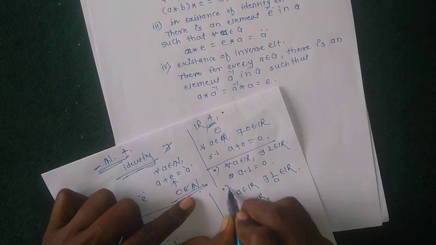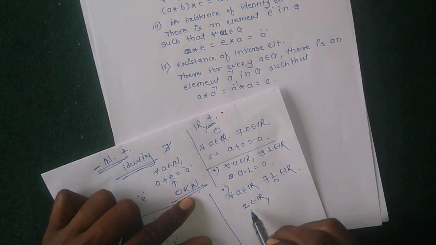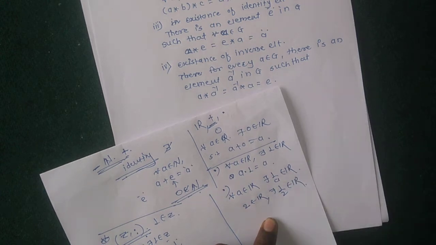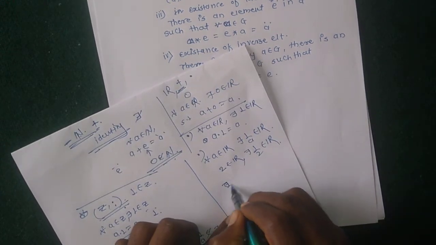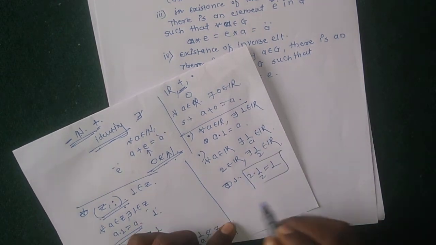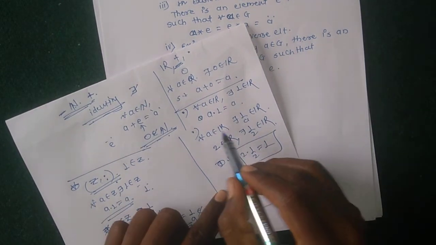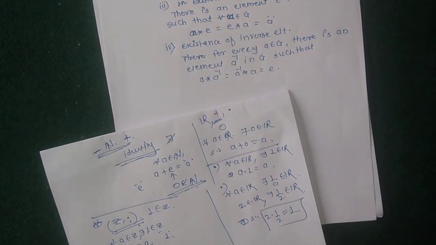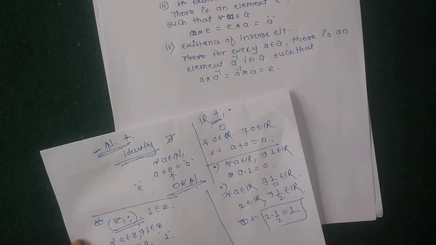For multiplication, for all a, 2 belongs to the set of real numbers, there exists 1 by 2 belonging to the set of real numbers, such that 2 into 1 by 2 equals the identity 1. Okay, similarly for every element the inverse exists in the set of real numbers, but in the set of integers Z with respect to multiplication the inverse element does not exist.